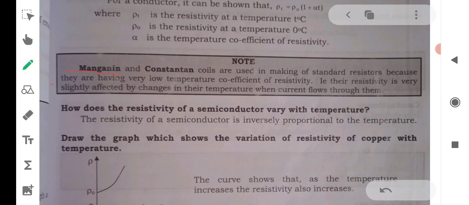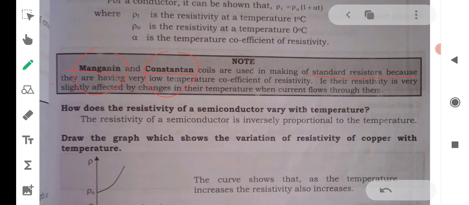One is called manganin and another is called constantan. Manganin and constantan are used for making standard resistors, resistance boxes or resistance coils, because the temperature coefficient of these two metals is very low. It does not change much if the temperature changes.